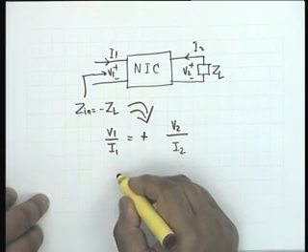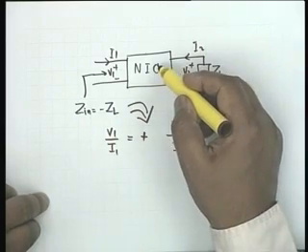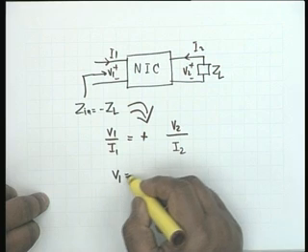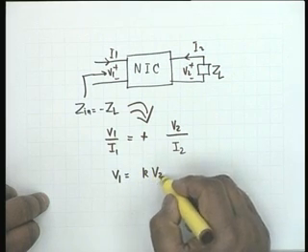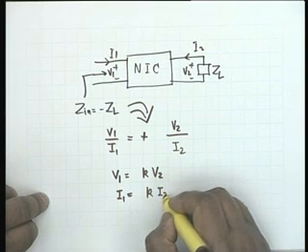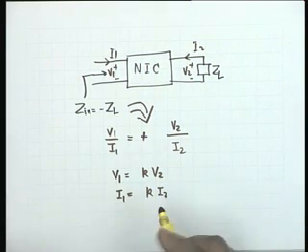Obviously, this relation can be satisfied in many ways, and the way that usually it is tried to be satisfied in an NIC is that V1 is proportional to V2, and so I1 is proportional to I2. If V1 is K times V2 and K is a constant, then I1 must be equal to K I2.